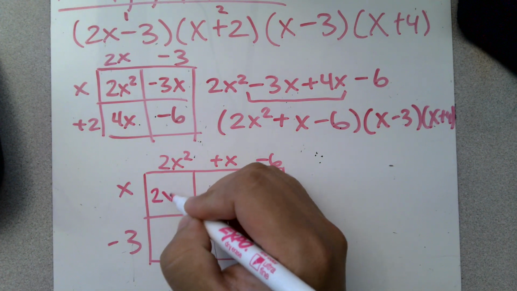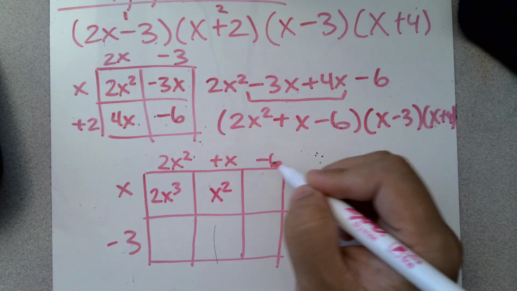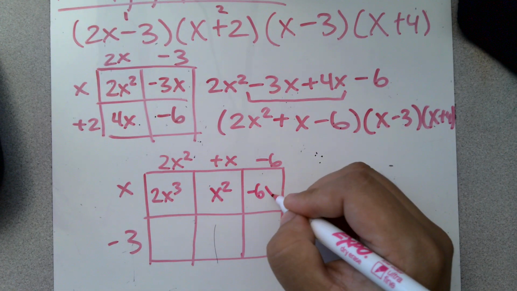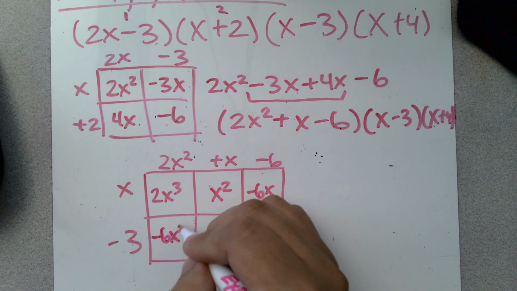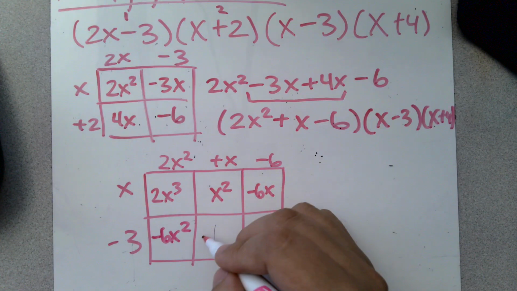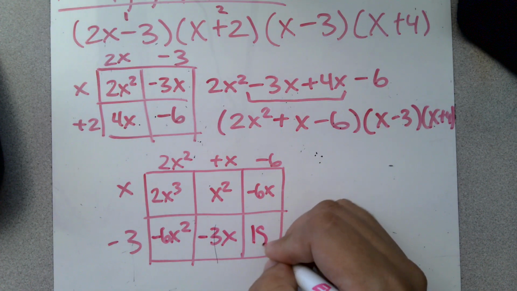This becomes 2x cubed. x times x is x squared. Negative 6 times x is negative 6x. 2x squared times negative 3 is negative 6x squared. Negative 3 times x is negative 3x. Negative 3 times negative 6 is 18.